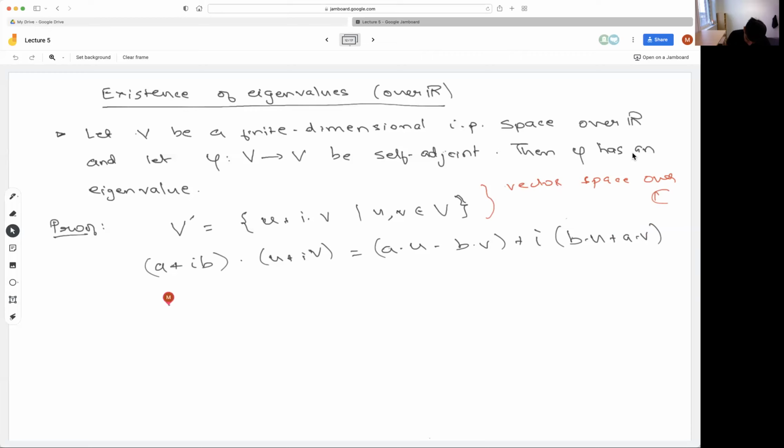And we define phi prime, which maps V prime to V prime, as phi prime of U plus iV equals phi of U plus i times phi of V. And okay, I'll let you complete this proof as an exercise, but phi prime has at least one eigenvalue.